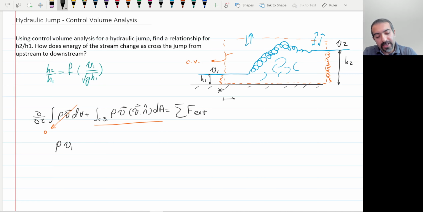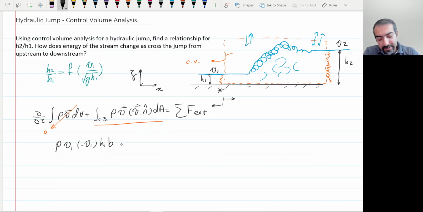V is in the positive x direction, assuming this is our coordinate system, or let's call the y-axis the z-axis because we have gravity. So velocity is in the positive x direction, and n hat for this area is in the negative direction. So v dot n has a negative v1 value, and integrating over A1, that's going to be h1 times b, b being the width of the channel or the stream, as it comes out of the screen or out of the paper.